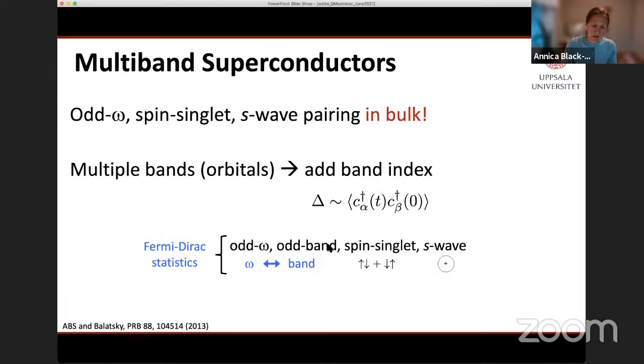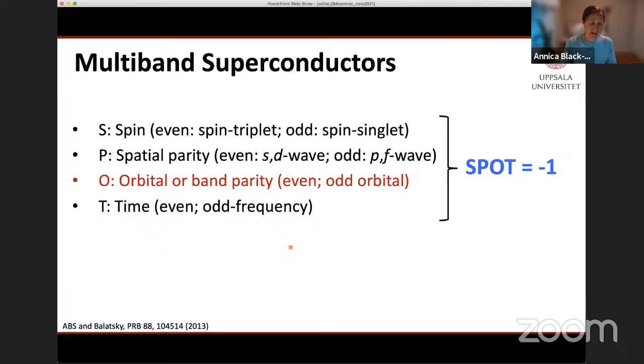And if this combination is odd in the band index, then it has to be odd in frequency. So you're sort of trading oddness in band with oddness in frequency. So you can have even frequency, even band, or you can have odd frequency, odd band. So from a symmetry point of view, this is allowed. And of course, the question is, does it appear? So I'm going to show you how it appears.